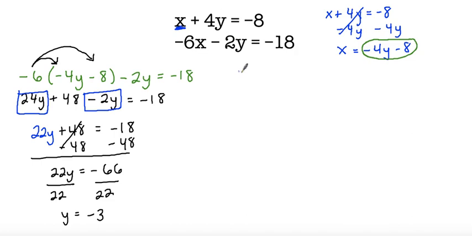So I'm going to rewrite these equations. x plus 4y is equal to negative 8, and I have negative 6x minus 2y is equal to negative 18.